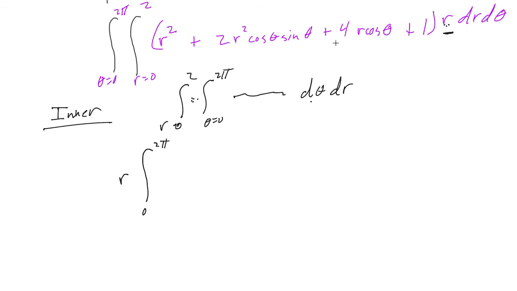Okay, and then I'm going to integrate everything else here. So r squared, 2r squared cosine sine, and then d theta. All right, so we have the r.